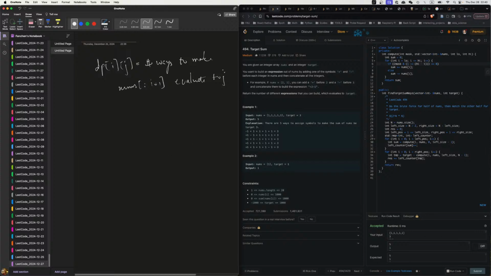Evaluate to j minus 1000. So the answer will be dp[n minus 1][target]. Right, this will be the answer.